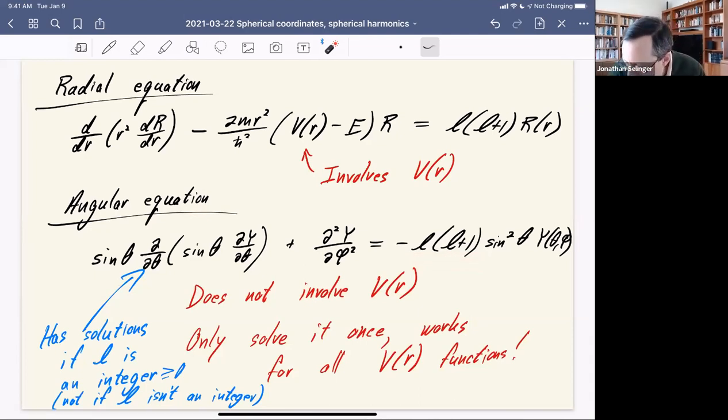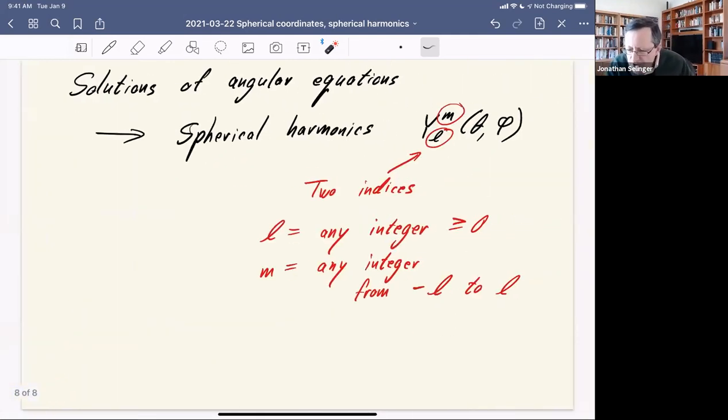So if you have one of those special values of L, then you get the solutions Y_LM. The L here has to match the special constant that you have, and the M here can be any integer from negative L up to L. So this makes a set of special functions that we can work with for solving problems in spherical coordinates.